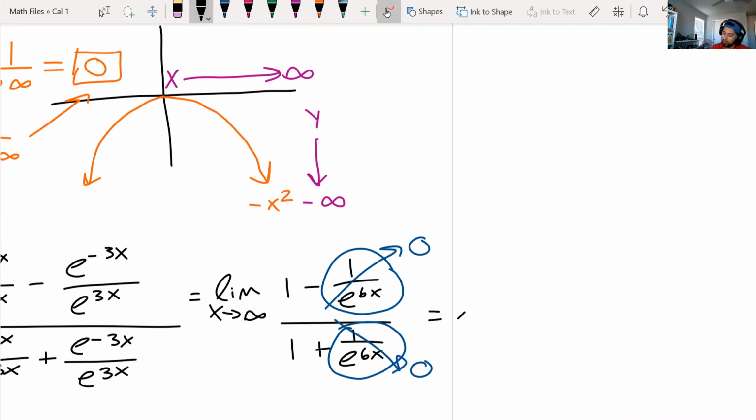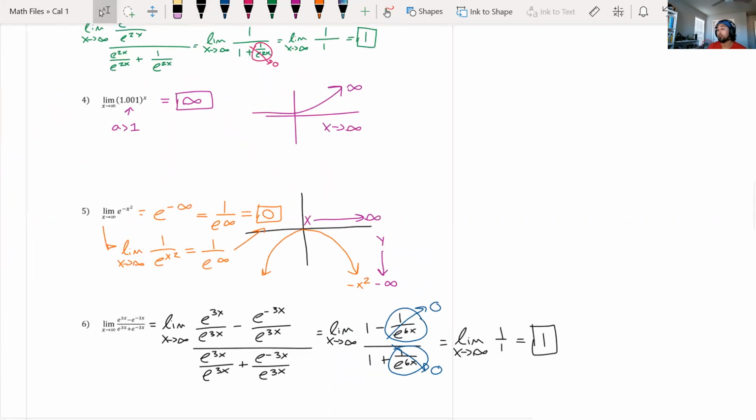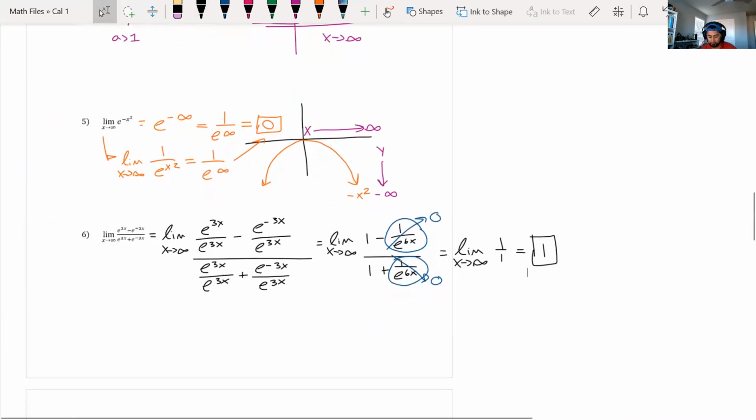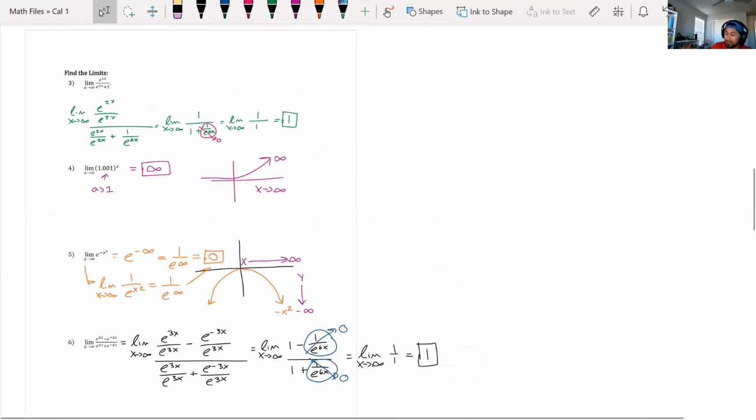And all that we're left with is the limit as x approaches infinity of 1 over 1, which gives me 1. Yeehaw, y'all. And those are exponential limits. Any questions on that page?